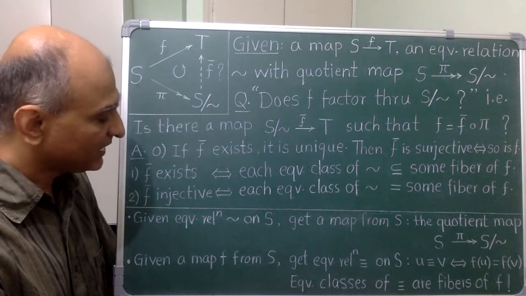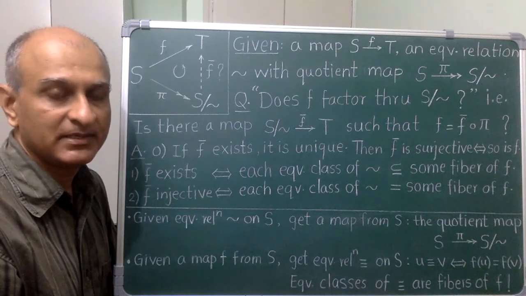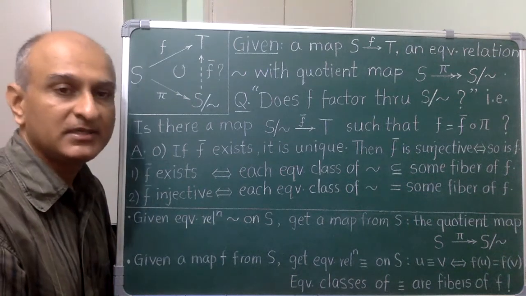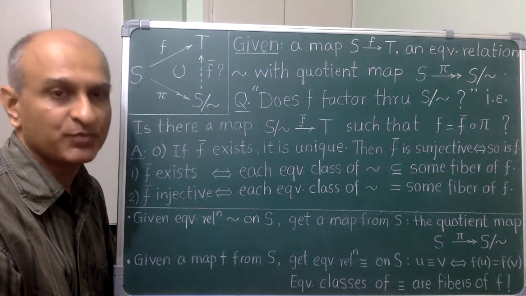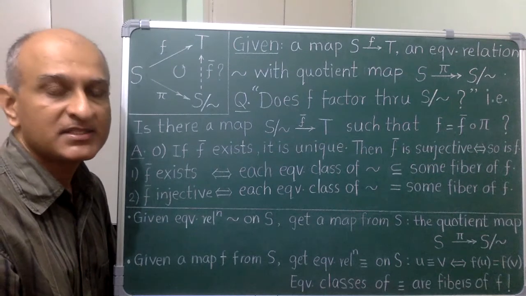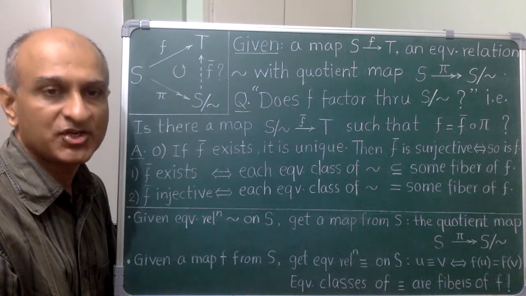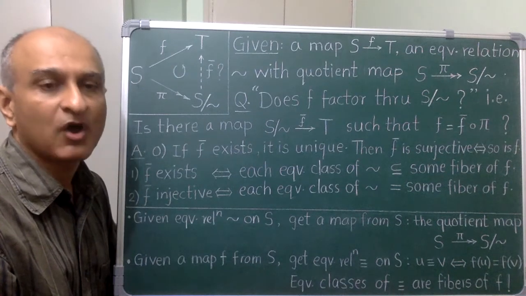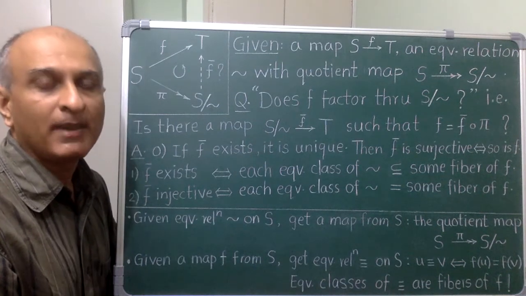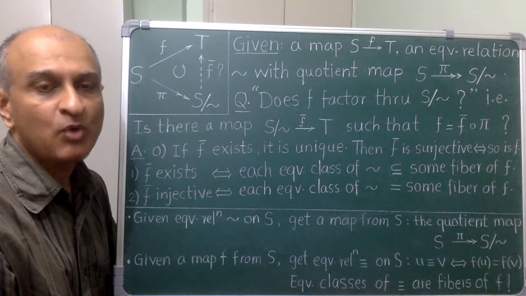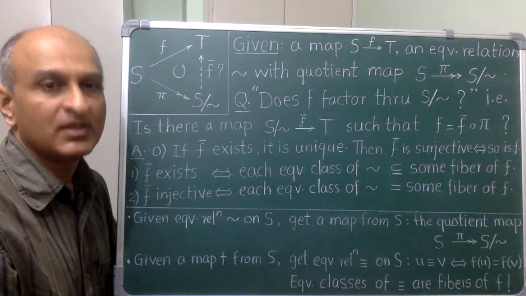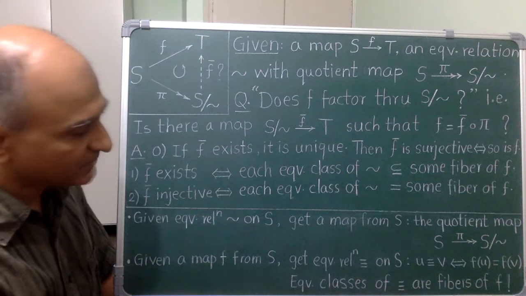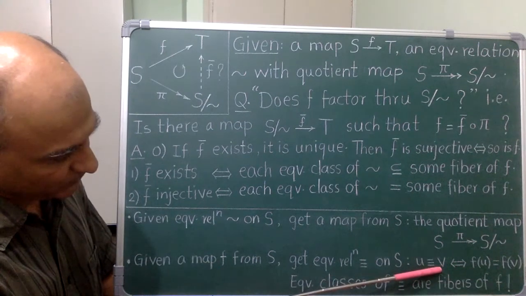In the example that we saw about the apartment building, we started with an equivalence relation. But really it is the maps that are much more important. A person is known by the company he or she keeps. Similarly, a mathematical object is often better understood by looking at the maps to or from that object. So, let's spend a little more time talking about maps from this point of view.